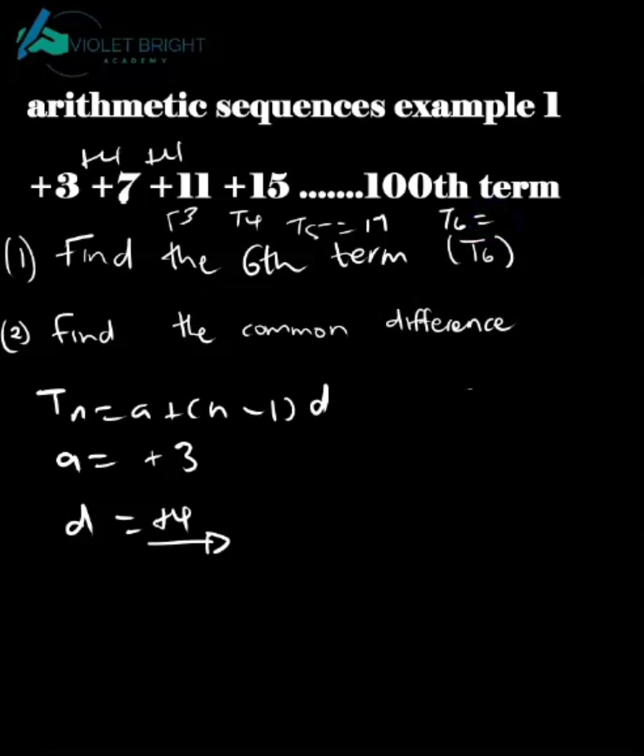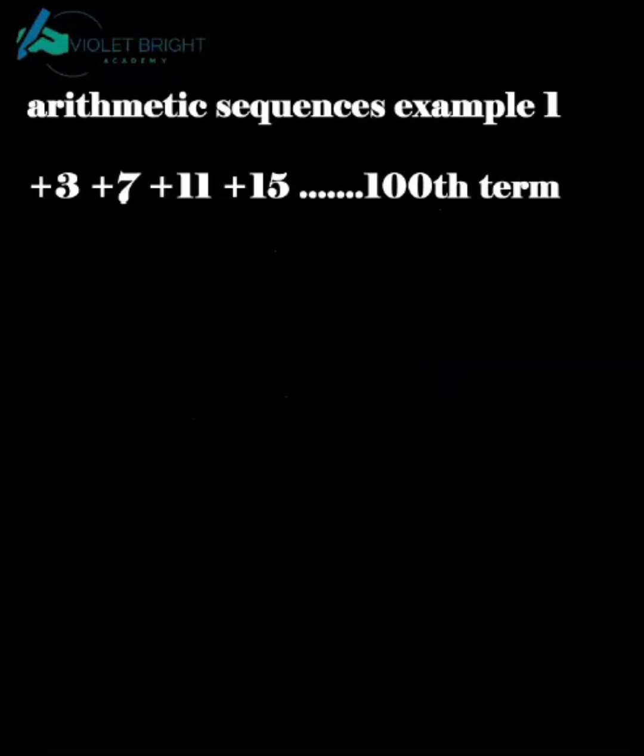Let me just use a different color here. Let's just use yellow. T6 is equal to 23. So the constant difference we found is 4. So this is just a warm up. So let's do other questions.